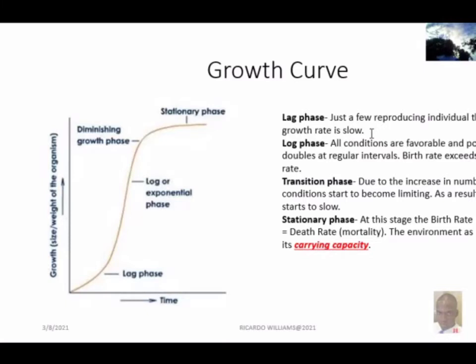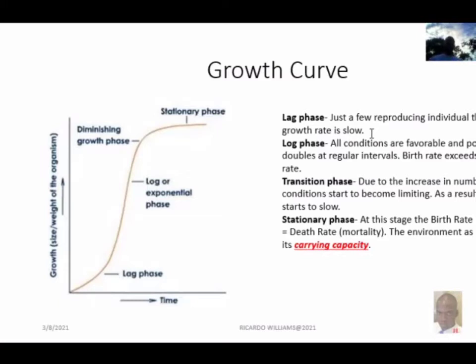So in the beginning phases it is slow because you have few reproducing individuals, but as the number of reproducing individuals increases, the reproductive rate of the population is going to double, triple or quadruple depending on the amount of individuals that are there now.